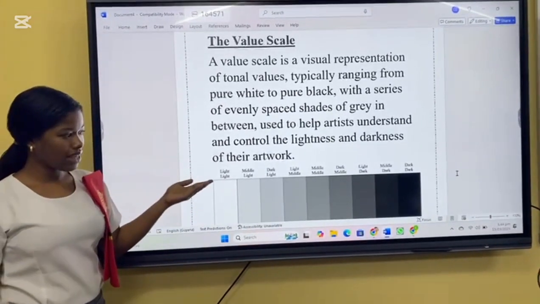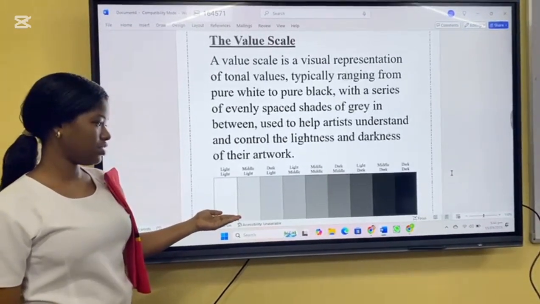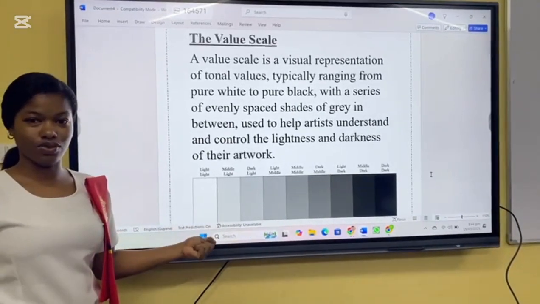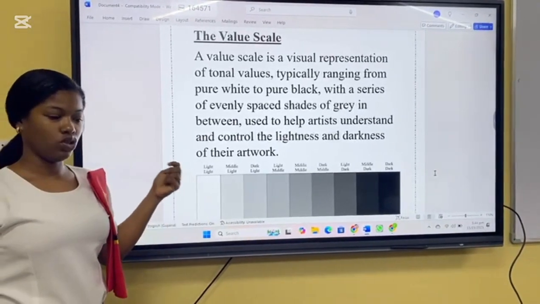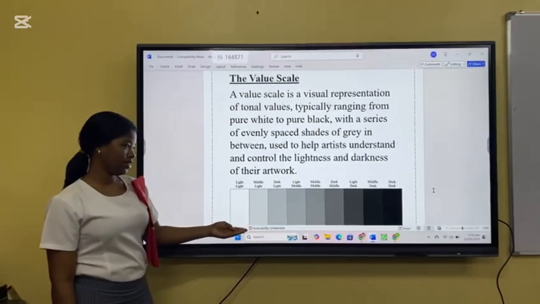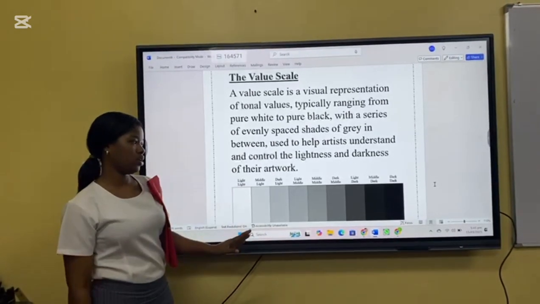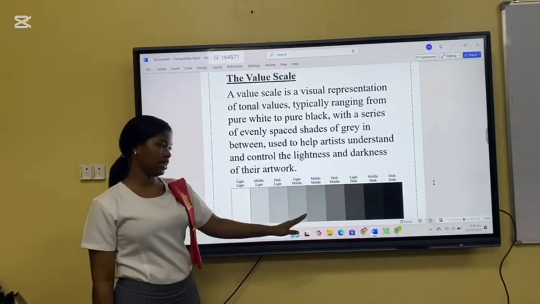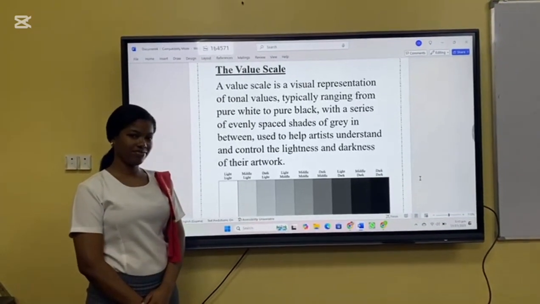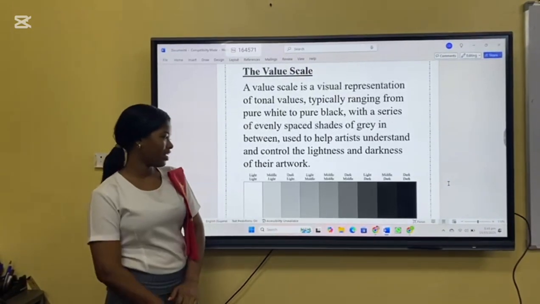So this value scale here is showing us or guiding us the different values we are to use when shading our object or composition. So on this value scale, can you tell me which one of these shapes is the lightest? Nathan, can you please tell me on the value scale, where is the lightest light?